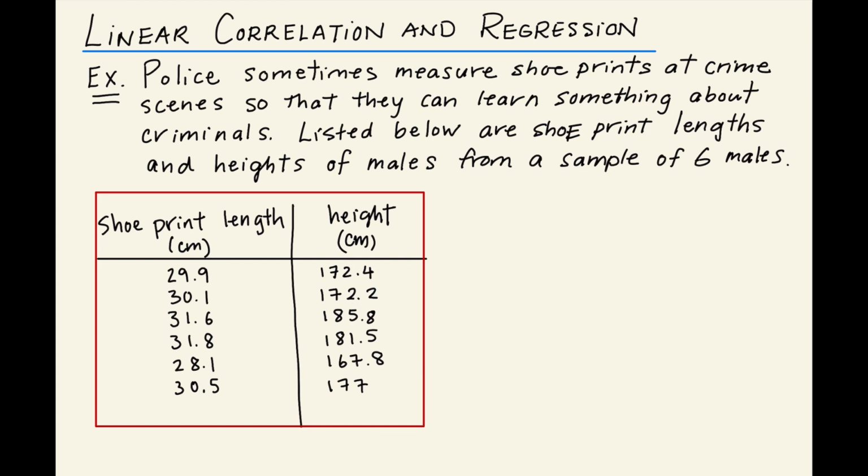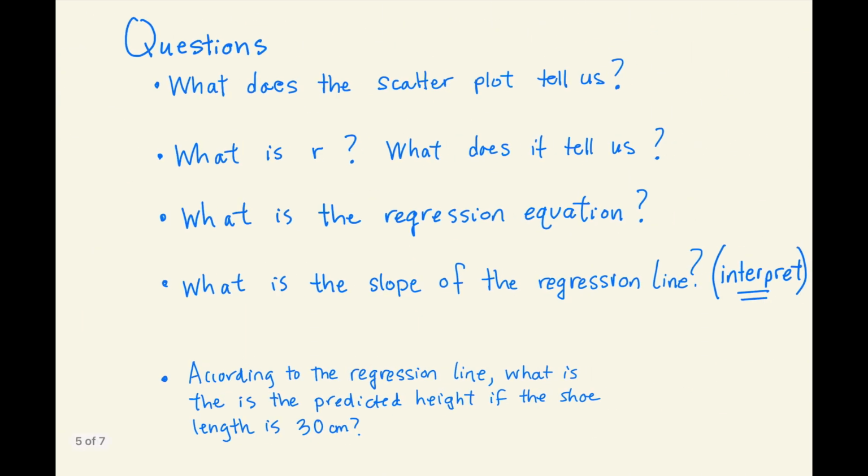So there are some questions that we can ask about the pairs of data that we have here. The first question we might ask is, what does the scatter plot tell us? We can construct and examine the scatter plot, and then ask, does there appear to be a relationship? Is that relationship linear? We might also want to calculate the linear correlation coefficient r, and ask what it tells us.